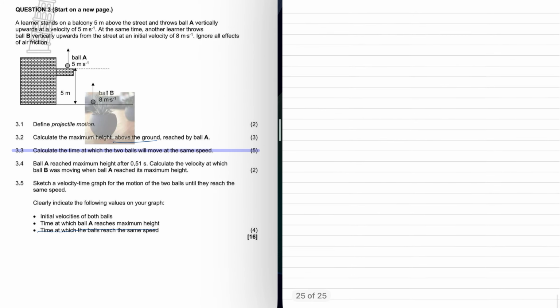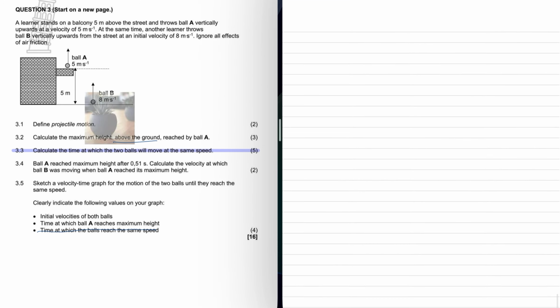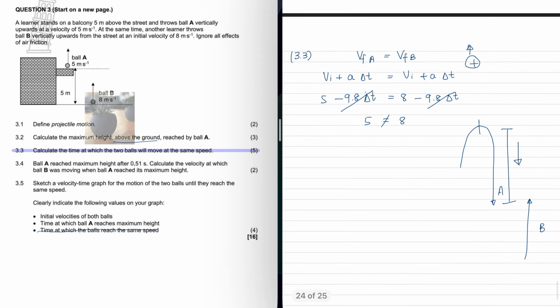What we could do is square both sides to cancel the negatives. So we could say that VF for A squared is going to equal VF for B squared. Now we just need to substitute what we had.